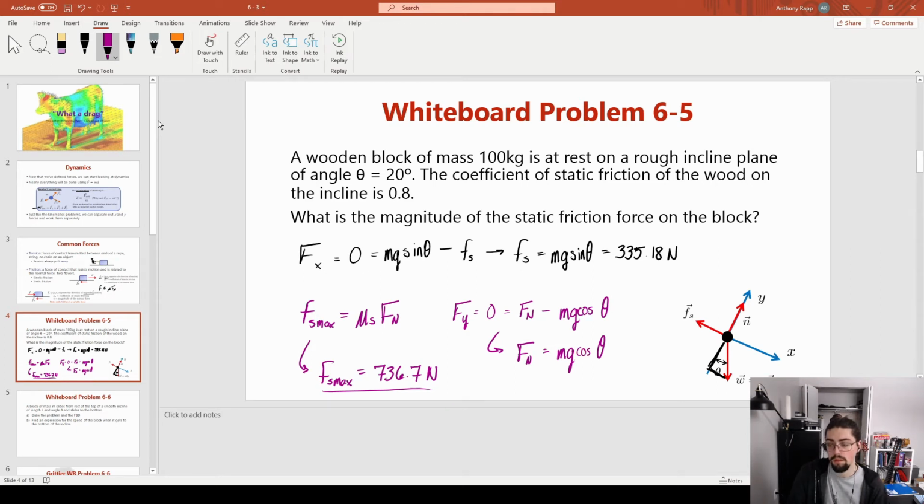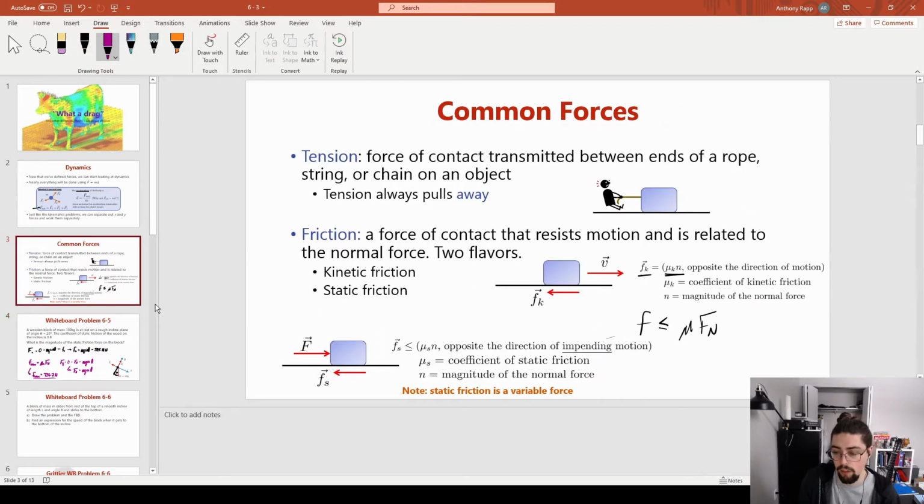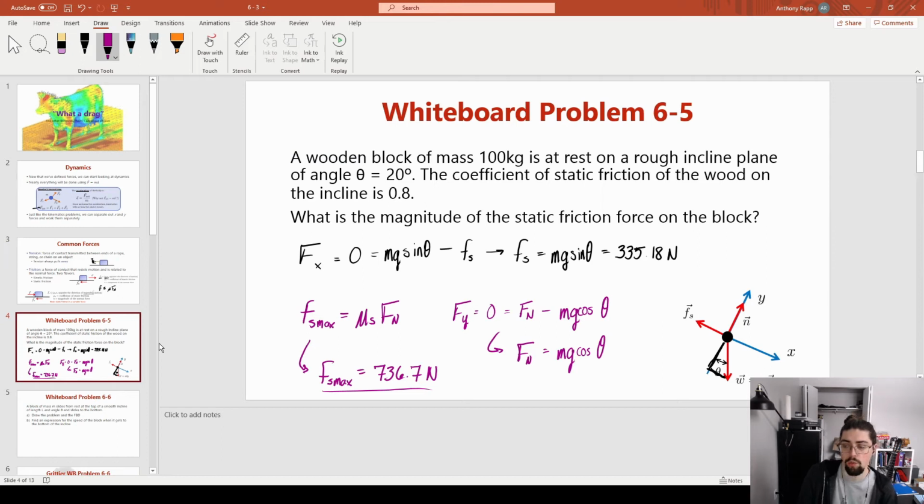This is static friction force. What we have calculated is the maximum that static friction could be providing. We know the actual static friction is less than that. What we have just calculated is we could have a static friction force up to this value.